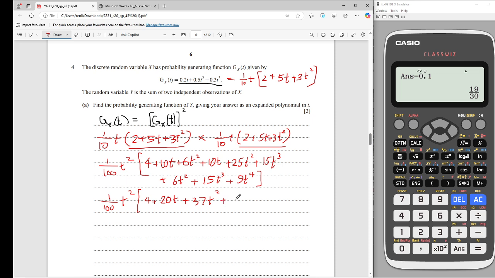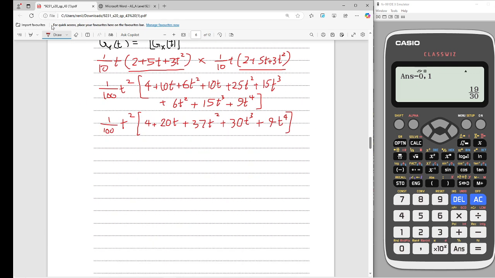And this 37t squared is added to our coefficient of t cubed, which is 15 plus 15, that is 30t cubed. Next we add the coefficient of t to the power 4, which is 9. But this isn't our simplified answer just yet.